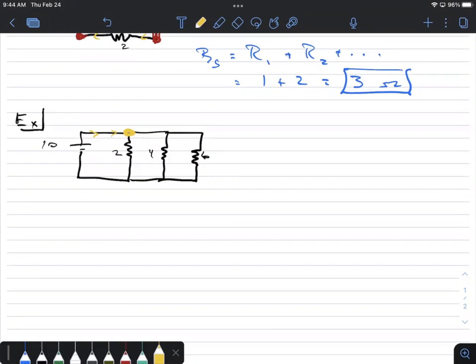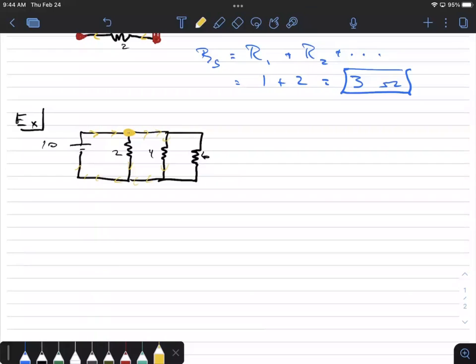Because remember, the rule for series is the current has no choice. If it hits this resistor, it must hit the next one. Here, if it hits resistor 2, then it's going to avoid resistor 4 because it's just going to go back around the circuit without ever going to the right side. And likewise, if it skips over the 2 and goes to the 4, well, then it's going to skip the 2 and not touch it.